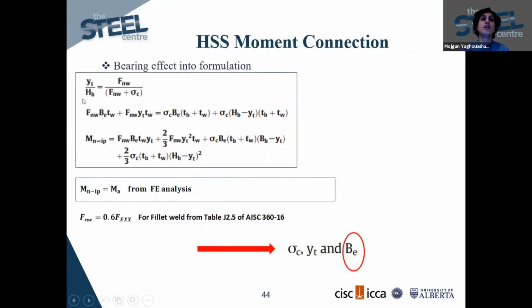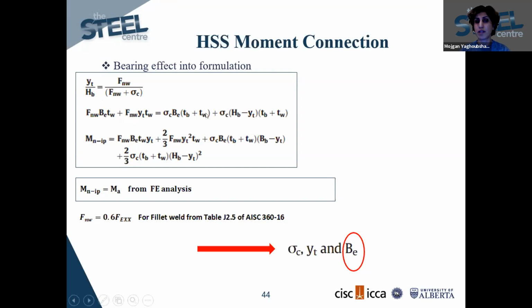So the equations of compatibility and equilibrium were done over the section. For the moment, this is the compatibility equation, and these two come from the equilibrium.